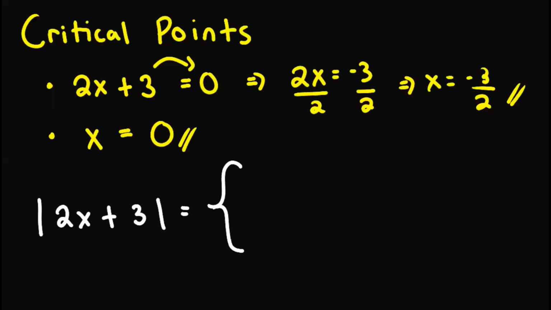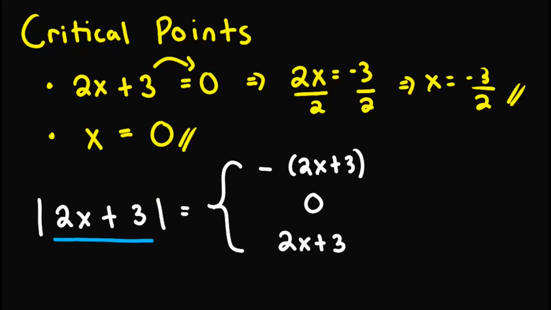So we've got here negative times 2x plus 3, we've got here 0, and we've got 2x plus 3. So again, recall that the critical points are the values of x that would make the expression inside the absolute value 0. So we know that the absolute value of 2x plus 3 is equal to 0 at x equals negative 3 over 2.